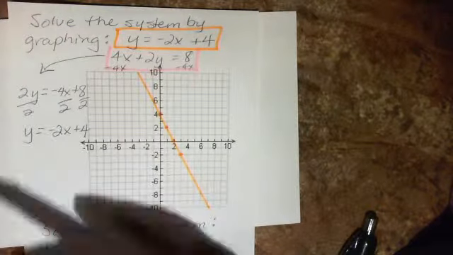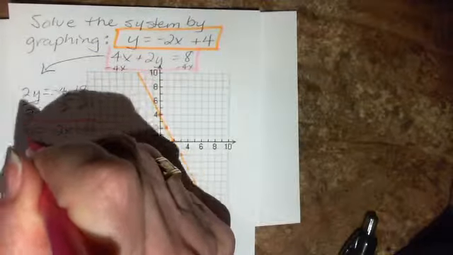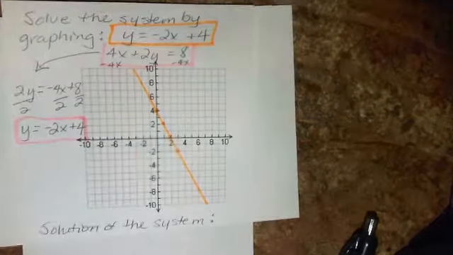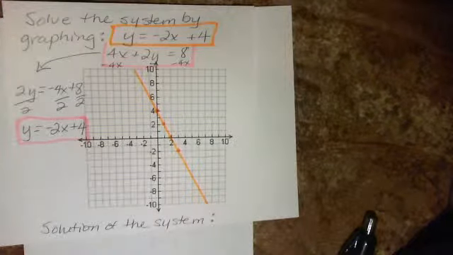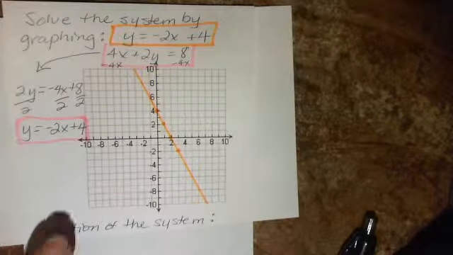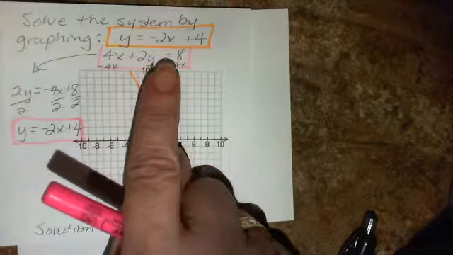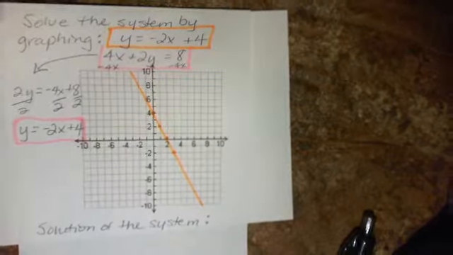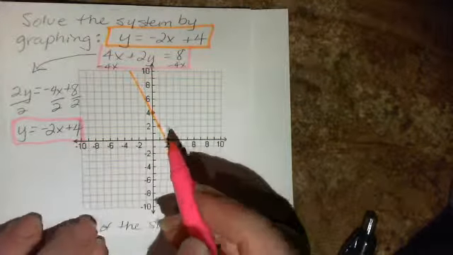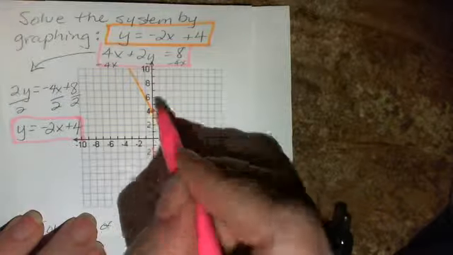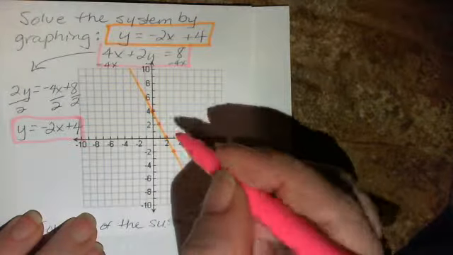Okay, now that's the same equation, but a different look, and for our convenience it allows us to see the slope and the y-intercept. So notice now that we've rewritten it, it looks exactly like the other equation, doesn't it? Which means it's going to graph out as the same line. We have the same y-intercept and the same slope.